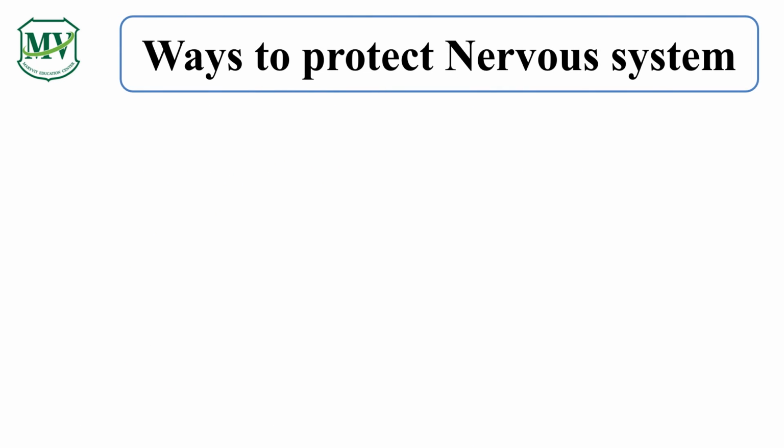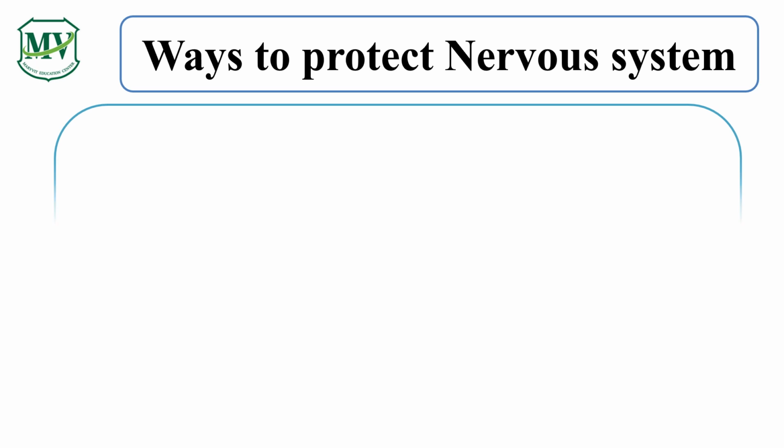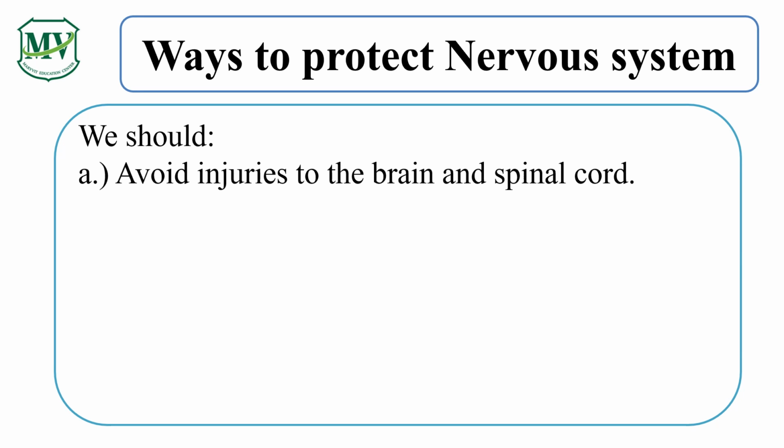The nervous system is a very important system of our body. We need to protect it. Now, how can we protect our nervous system? Here are the ways to protect the nervous system. First, avoid injuries to the brain and the spinal cord.